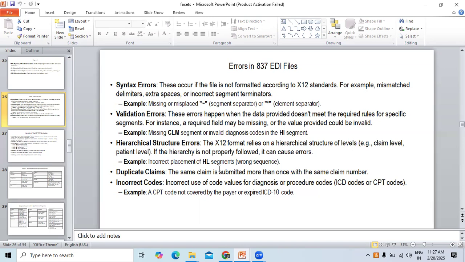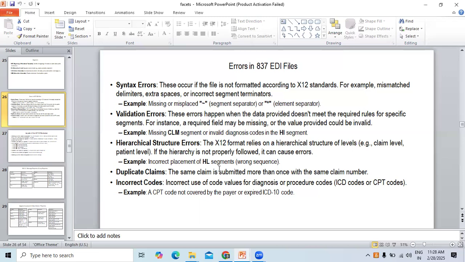Please make a note. I will explain one by one. First is called syntax errors. Second, validation errors. Third, hierarchical structure errors. Fourth, duplicate claims.